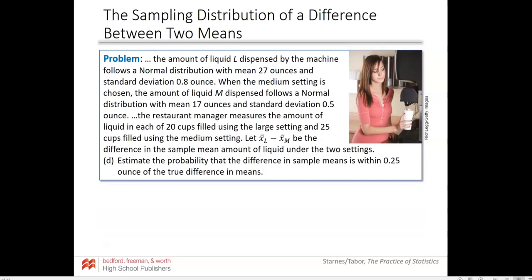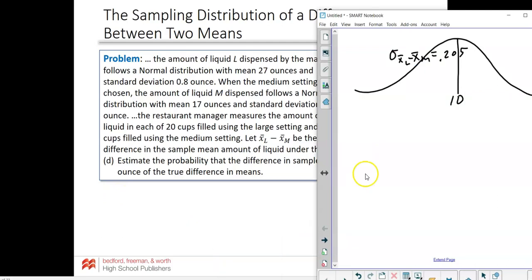I would draw the normal curve if I'm doing this problem. So in this one, you can see that we could draw this. If I go out one standard deviation, and the standard deviation is 0.205, this would be 10.205.